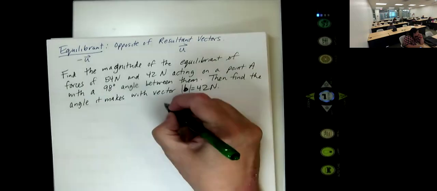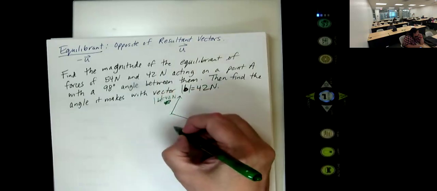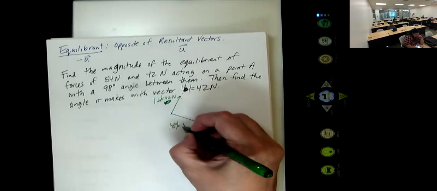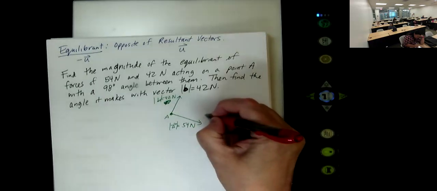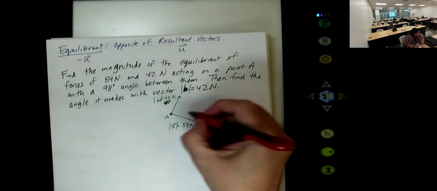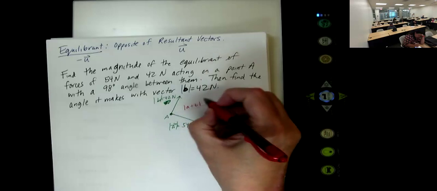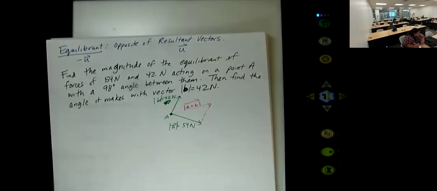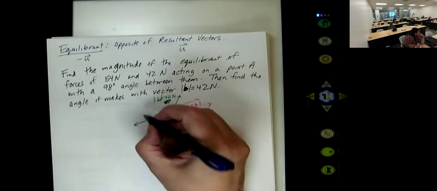If I call this the 42 newton one, and this we'll call A, that's my 54 newton one, off point A. That's kind of like A plus B, which means my resultant vector, or the equilibrium vector, is the same magnitude going the other way.